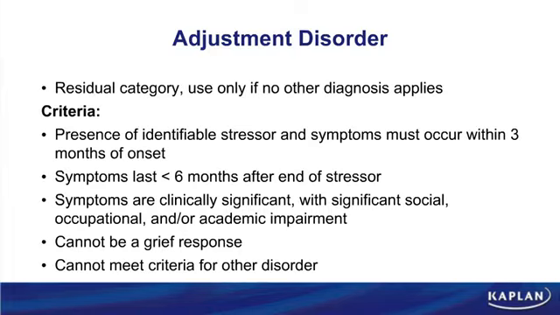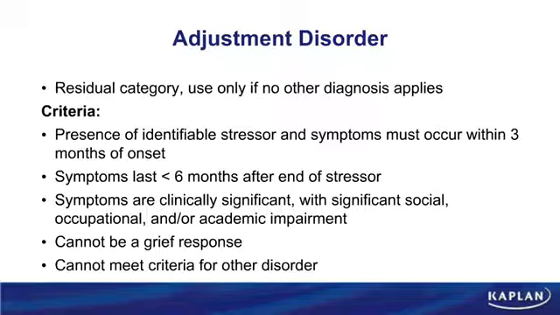Once the symptoms start, the symptoms cannot last more than 6 months. You do not give the diagnosis of adjustment disorder if it's because of grief or bereavement. So it cannot be a grief response. That's what grief or bereavement is for. It cannot meet the criteria for another disorder, such as post-traumatic stress disorder, major depressive disorder, etc.